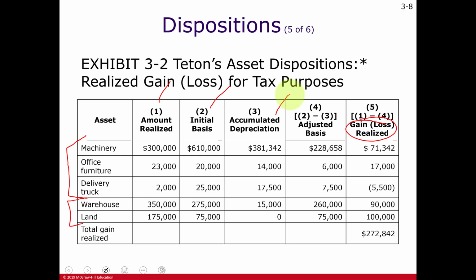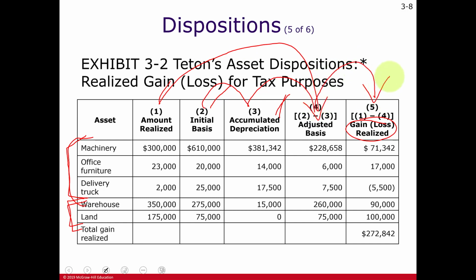Keeping in mind, if you're taking depreciation, you have to know the depreciation convention, like if it's mid-month for real property, or is it the half-year or mid-quarter convention for the personal property. So that's going to be depreciation all the way through the years you have those assets. Then initial basis minus accumulated depreciation equals the leftover cost, or the adjusted basis.